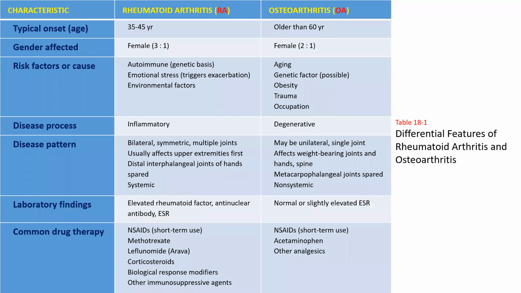Now, this slide provides a comparison between rheumatoid arthritis and osteoarthritis in terms of the onset of the disease process, when it starts, the gender-related factor, risk factors, the pattern, the disease process, the type of findings from the lab, diagnostic findings, and therapy as well.